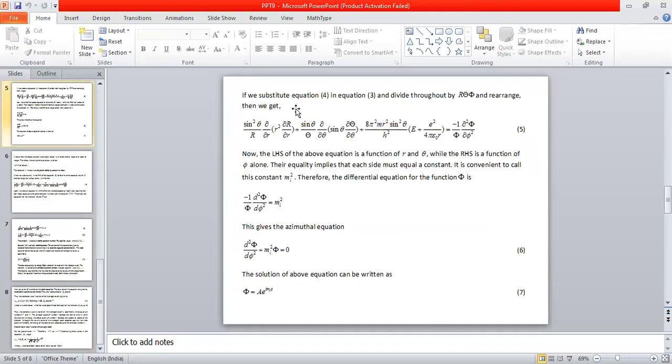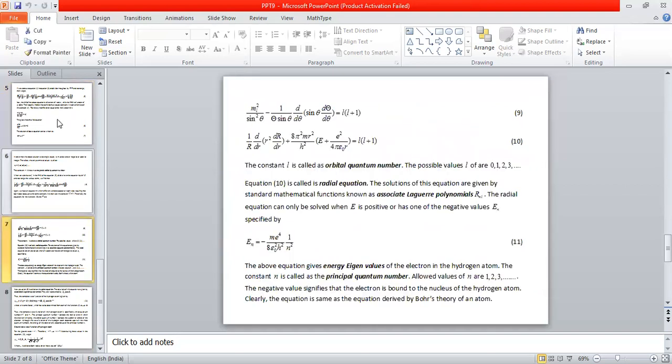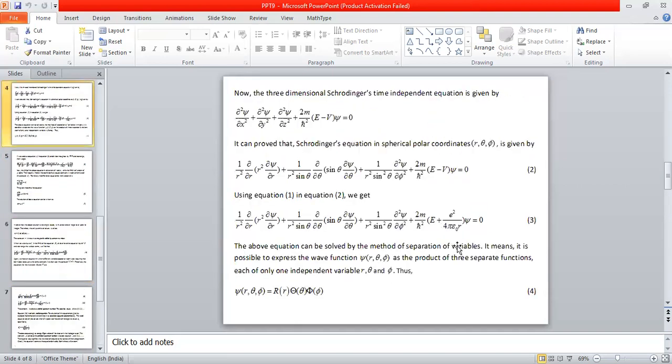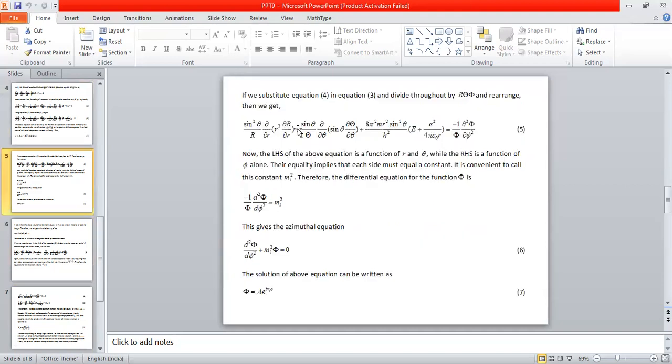Once we substitute equation 4 in equation 3, we divide the entire equation by R Theta Phi, that is, by psi itself. Then, if we do the rearrangement, we are going to get this equation.